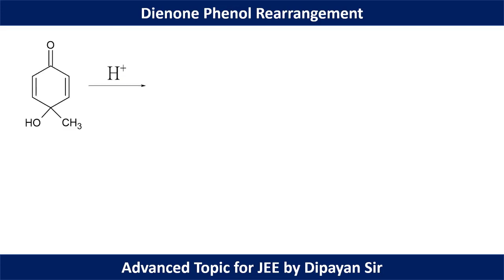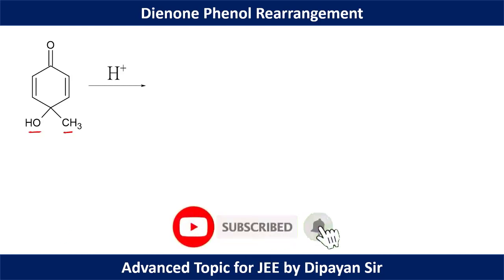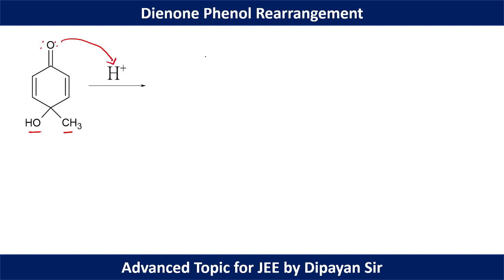In the next problem, we have OH and methyl in para position. The thing is that we have to stabilize the carbocation in Dienone Phenol Rearrangement. So again, if we approach this lone pair to this hydrogen, we will get this kind of situation.